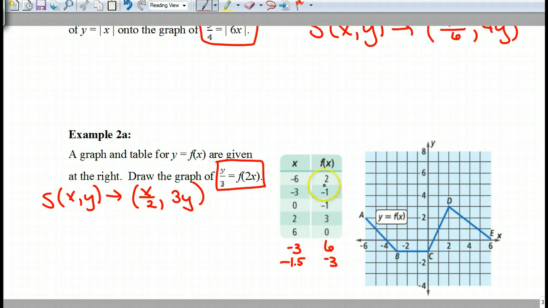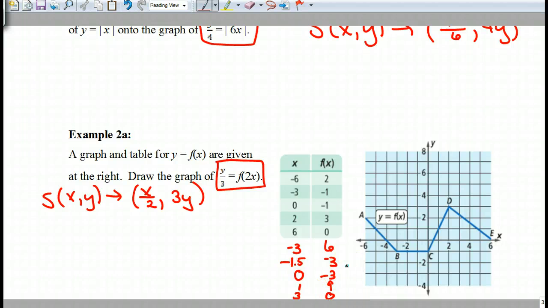Yep. Okay, 0 divided by 2, negative 1 times 3, negative 3 again. 2 divided by 2, 1. And 3 times 3, 9. And then 6 divided by 2, 3. And 0 times 3 is 0.